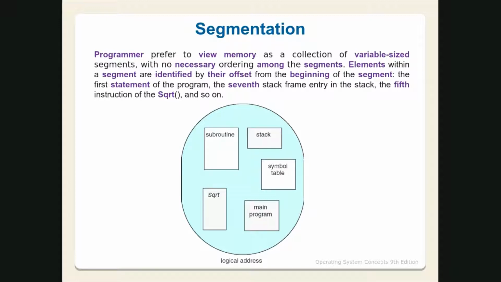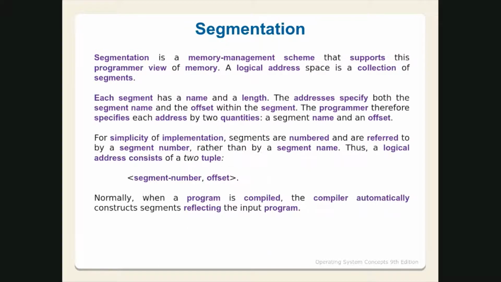Every segment will have a name, and each segment will have certain locations, so I am going to have an offset. The offset will enable me to access a particular location in a segment, which we will see in the upcoming slides. So basically we need a segment name and offset. If you have these two, you can easily access a location inside a segment.